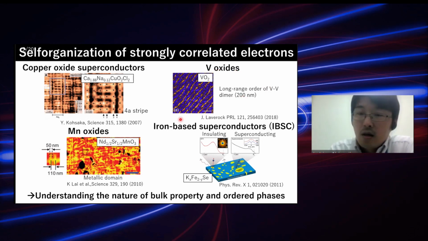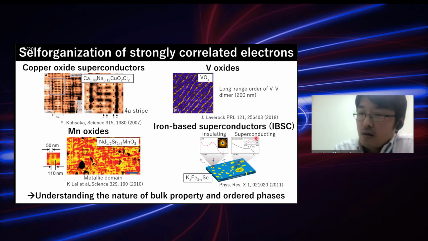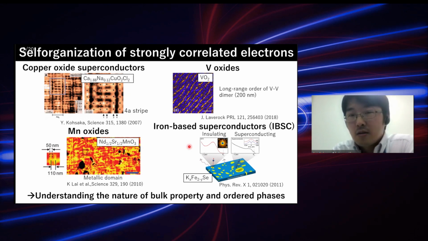Also, iron-based superconductors show an inhomogeneous spatial distribution of electrons in the insulating phase and the superconducting phase. So in this talk, I would like to show another example of self-organized electrons in iron-based superconductors.